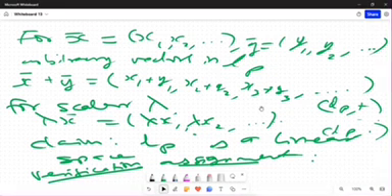Okay, so I want to pick up some sequences to show whether they belong to a sequence space or not, for instance, whether they belong to the space L1 or space L2 and so forth. So that's a nice job.